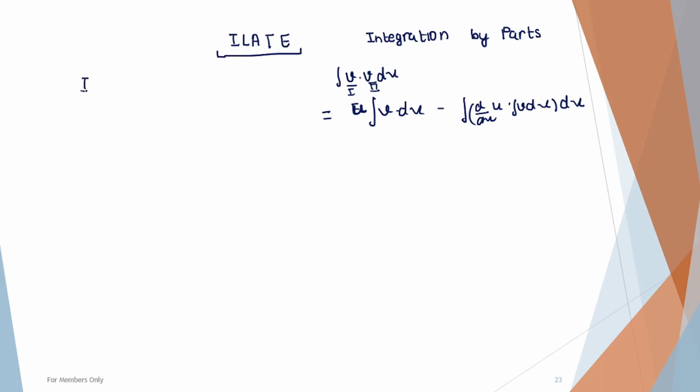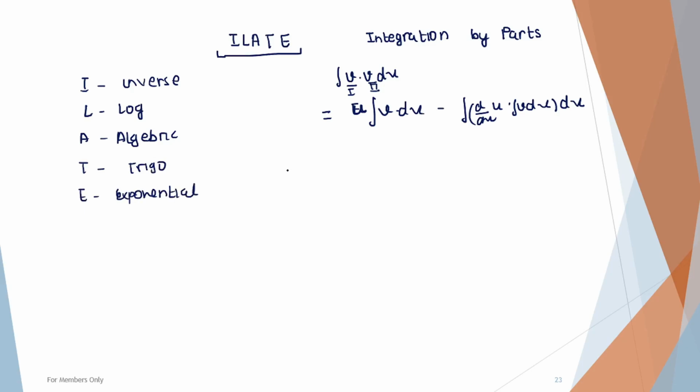So there is some priority that is given to these functions based on ILATE. So ILATE stands for I for inverse, L for logarithmic, A for algebraic, T for trigonometric, and E for exponential. So let us suppose we are trying to find x log x dx.